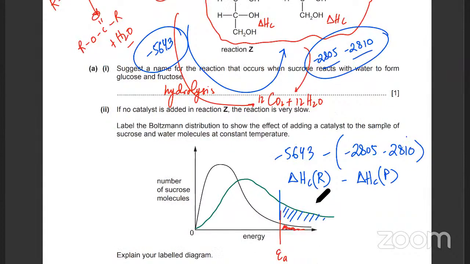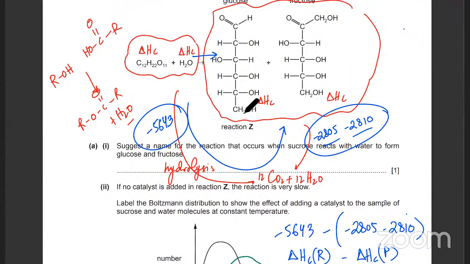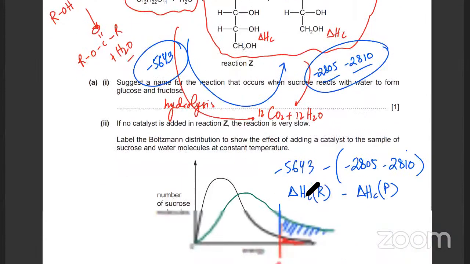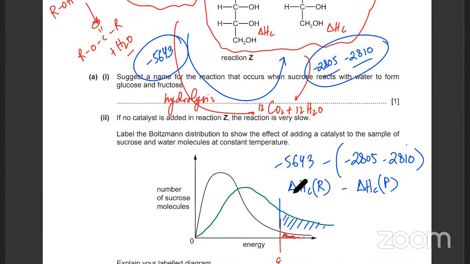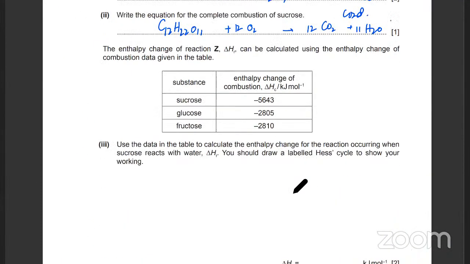That's your final answer. But without the Hess cycle, things would have been very simple: just enthalpy of combustion of the reactants minus the enthalpy of combustion of the products. You're getting the same thing with the Hess cycle as well. TK, is this clear? Yes, sir.